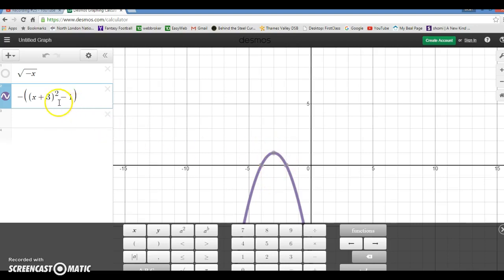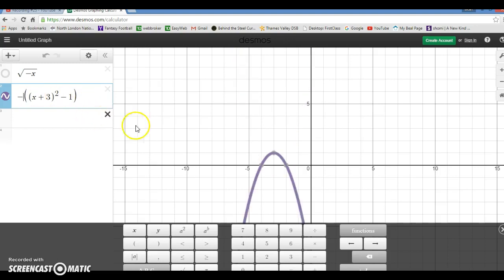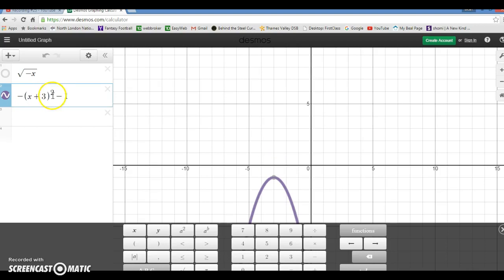Here was my original. Now when I throw a negative, it flips it, and the vertex is also flipped, so it's reflected that way. Another way to think of that is when I open up this big bracket, this negative gets spread out and it changes this to a positive. It makes the bracket negative and then it makes this positive. That's a little confusing, but that's what a vertical reflection is, or reflection on the x-axis.